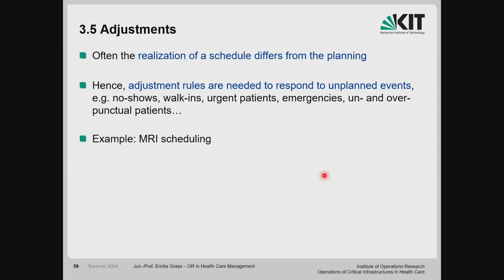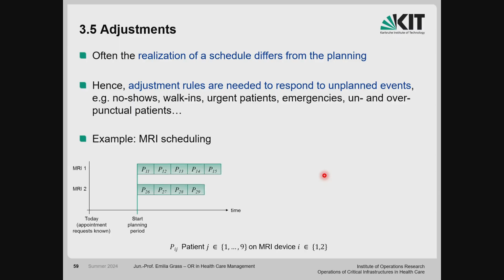An example was our MRI scheduling. You have this perfect scheduling at the beginning of the day. You know that patients 1 to 5 are assigned to MRI 1, and the remaining patients are assigned to MRI 2, as it was at the beginning. So this is the ideal plan, no idle times, everything goes smoothly.